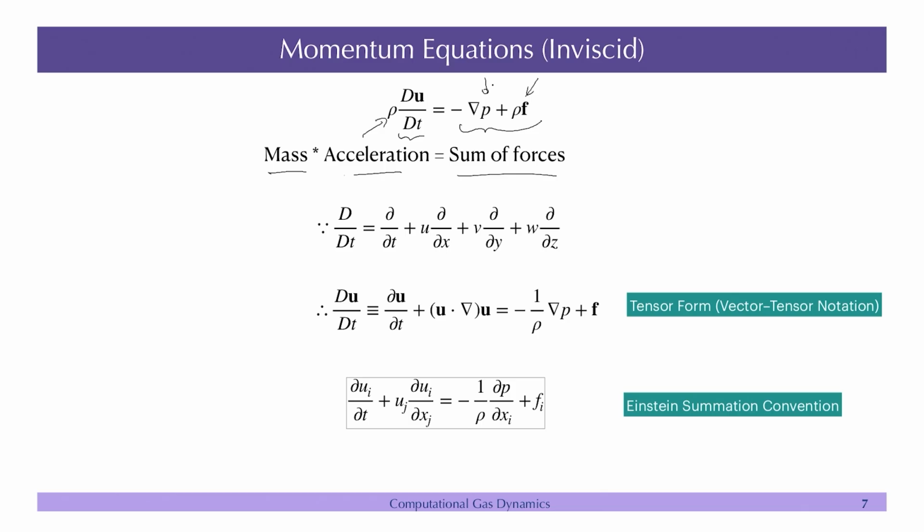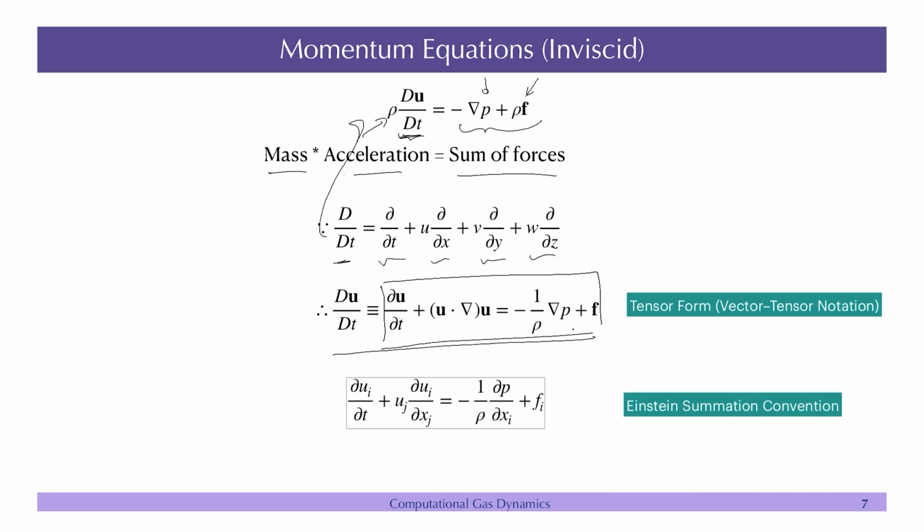In brief, this is the momentum equation, and you can further take this total derivative d by dt and write it in this form, u del by del x plus v del by del y and w del by del z, and once you put this there, you will have this entire expression, okay. So, you can write in this form also.